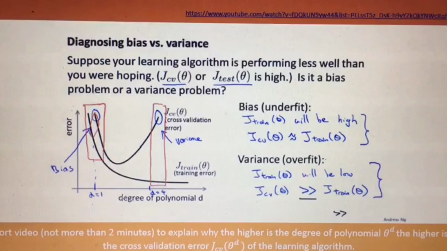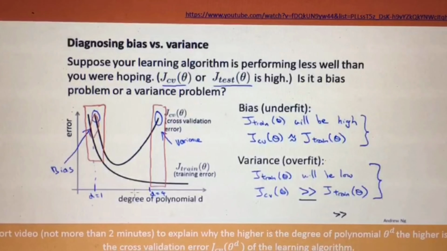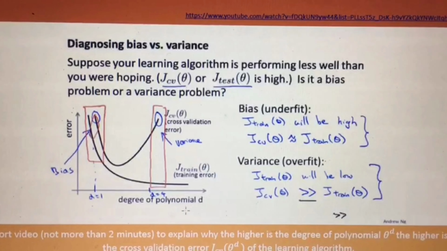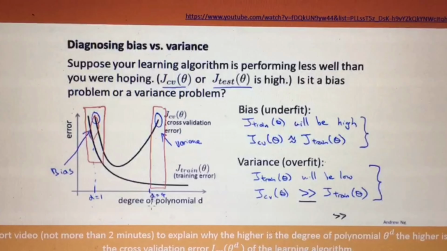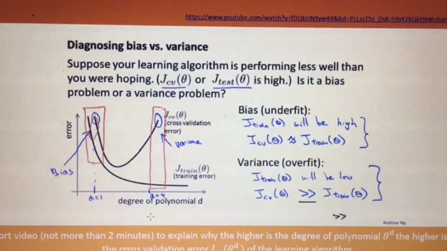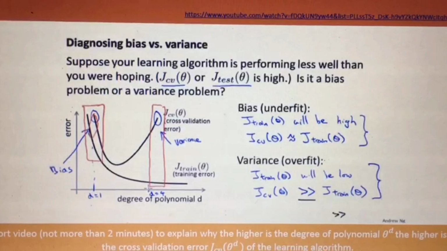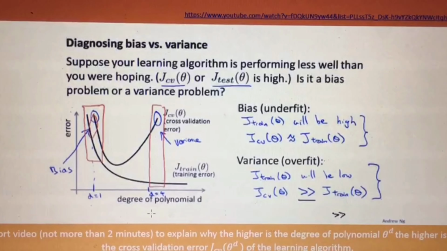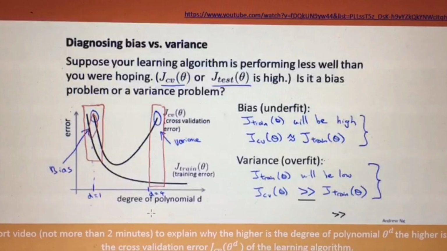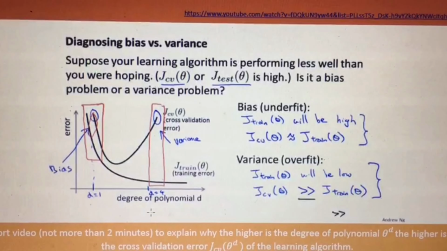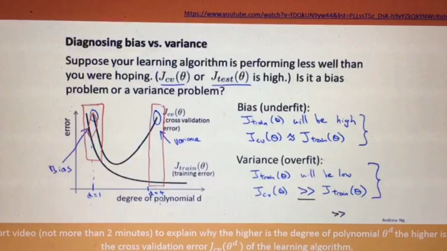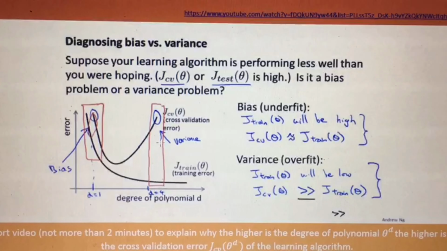If we go to the right side, which is fitting higher and higher order polynomials, let's say D equal to 4 or any large number, it corresponds to fitting a very complex high order polynomial that might fit the training set with a more complex function, which we call overfitting, and ends up with a high value for cross-validation error.